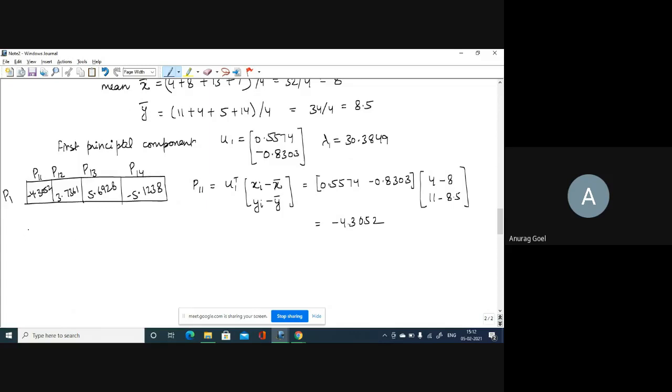So these are the 1D representations of the given 2D data samples. If you plot this on the graph, you'll also get the same representation of the original data samples using this. Okay, let's stop here.